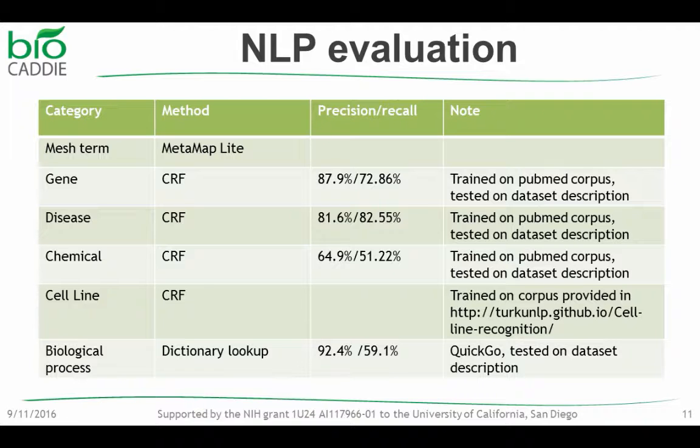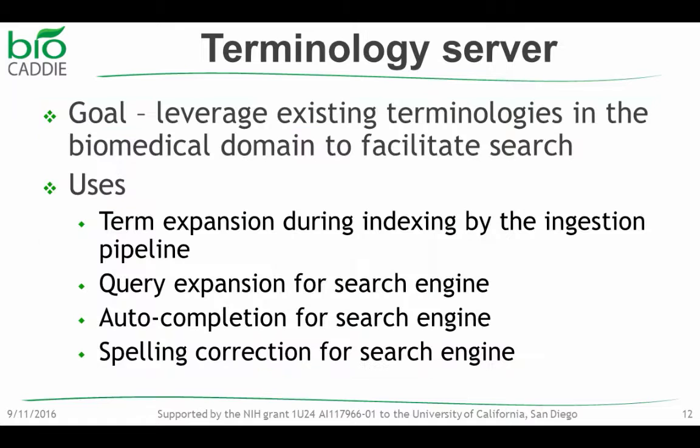Then when we apply this to the data description field or the title, the two corpora are not very similar. So we're still optimizing the performance of the NLP part. Our goal is to improve precision. Every term we recognize, we hope it will be correct.